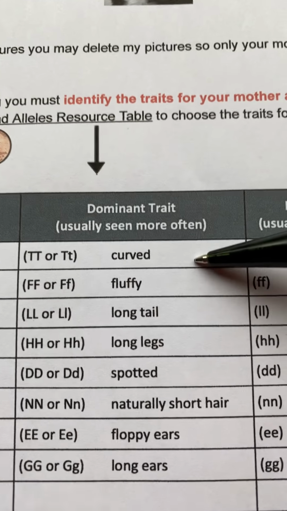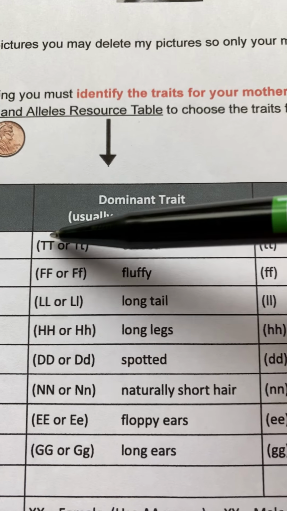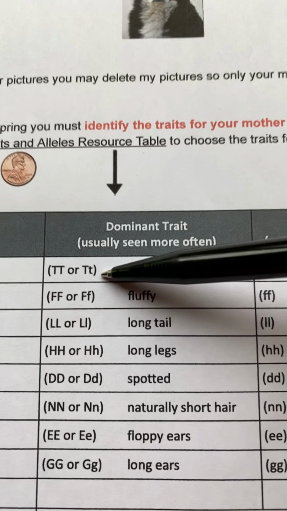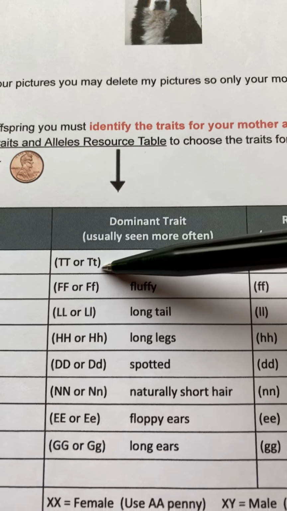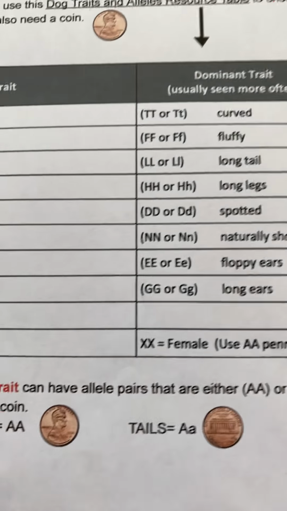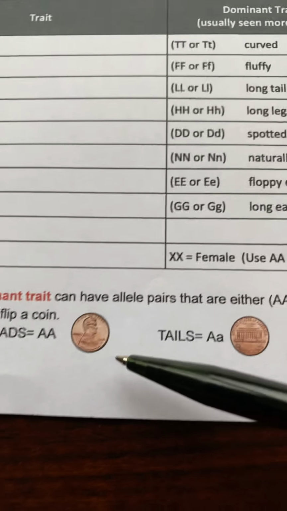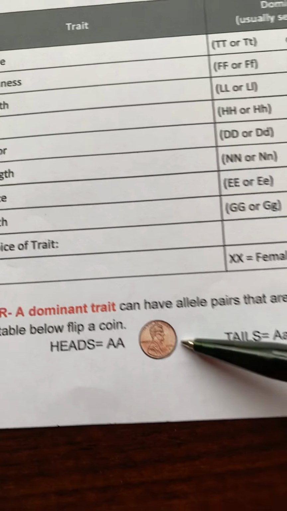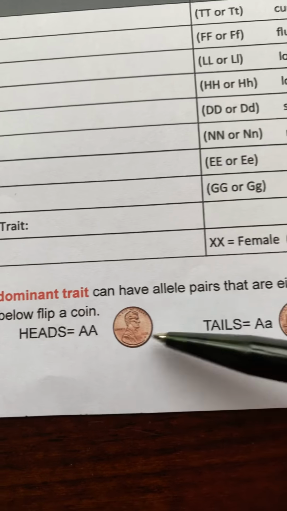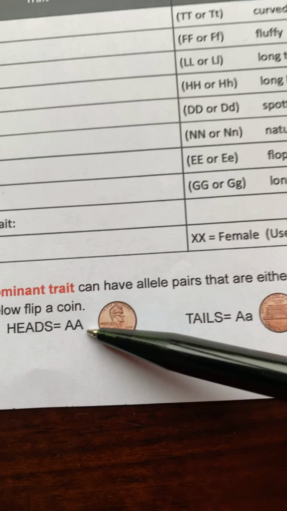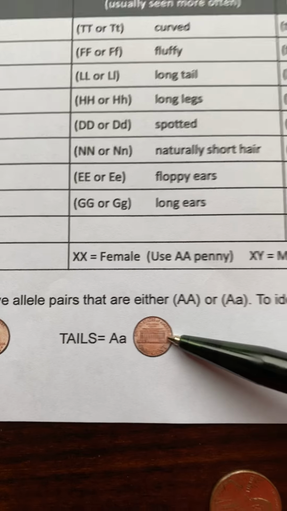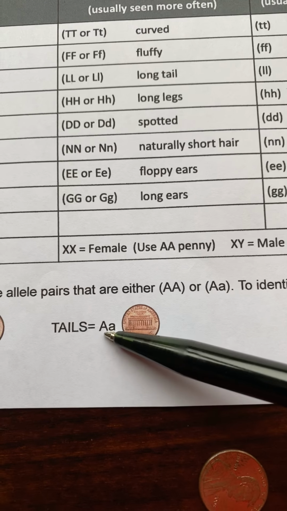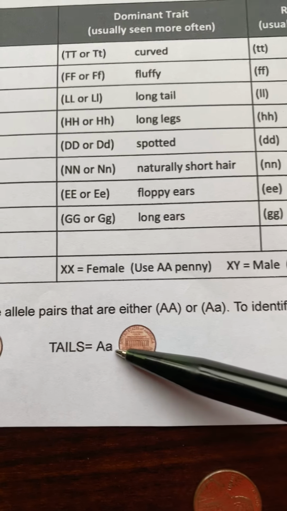So I need to decide which pair I am going to record in my data table. To do that, I'm going to use a penny, and I am going to toss the penny. If I get heads, it's going to be 2 dominant alleles. If I toss the penny and I get tails, then my allele pair will be 1 dominant and 1 recessive.